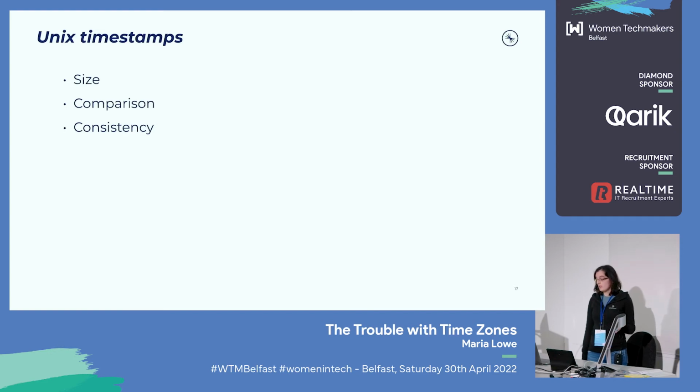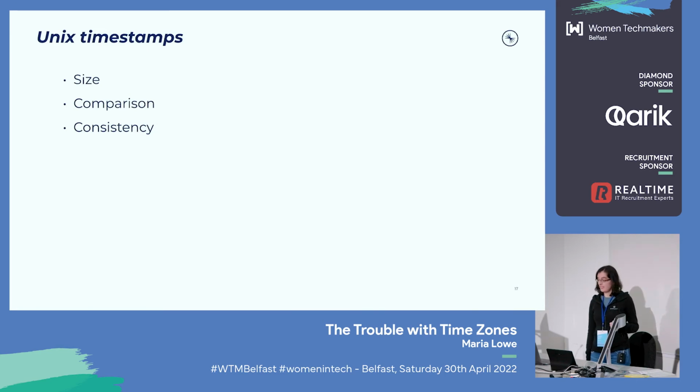With timestamps, you can use your basic less than, more than, and equals operators and compare them that way. But with strings, you'll need to import and use a datetime library or API everywhere you want to compare them, complicating the process and adding another place to potentially introduce bugs.